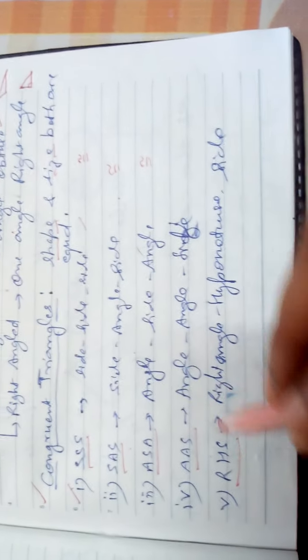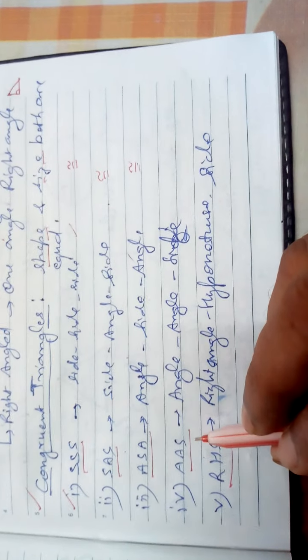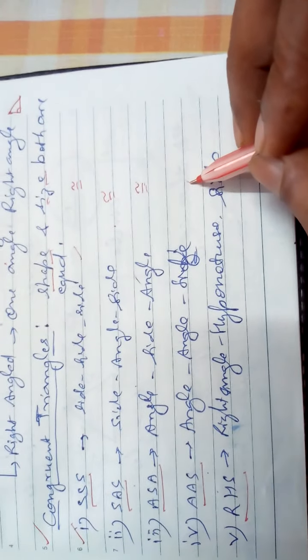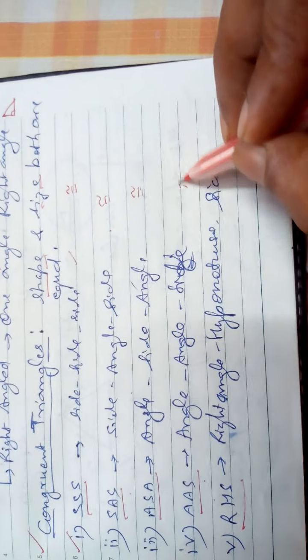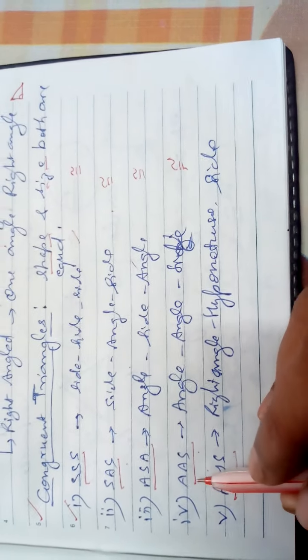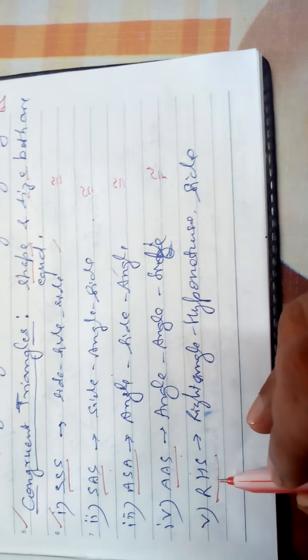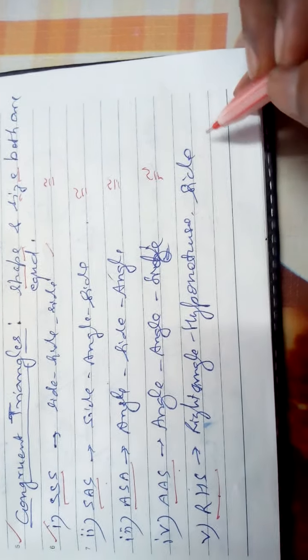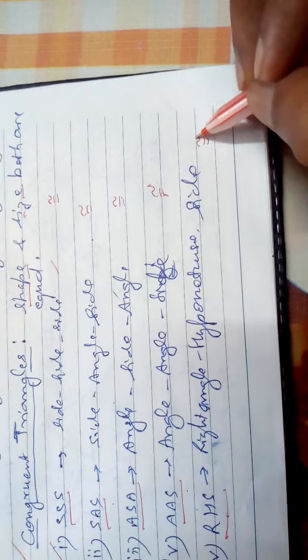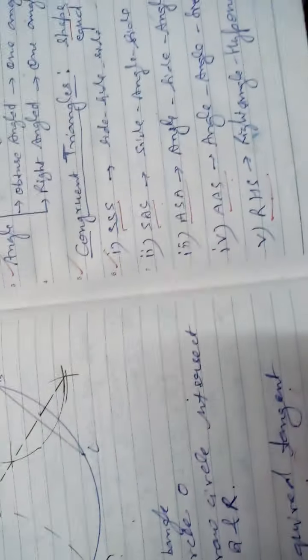AAS: two angles and any one side equal to two angles and the corresponding side of the other are congruent by AAS. RHS: in two right triangles, the hypotenuse and one side of the first equal to the hypotenuse and the corresponding side of the other are congruent by RHS.